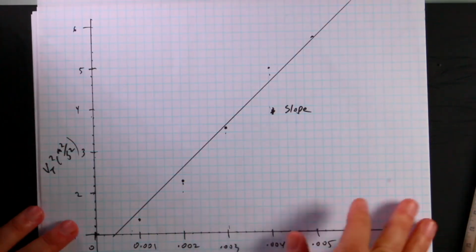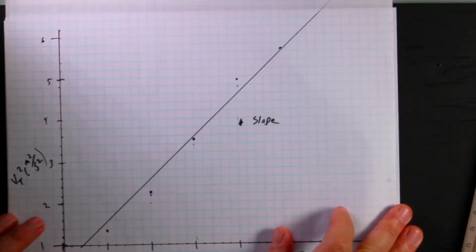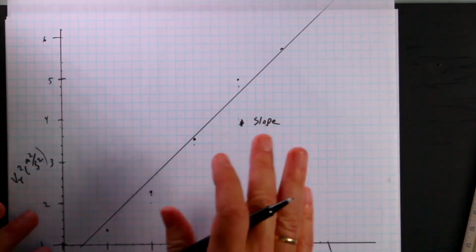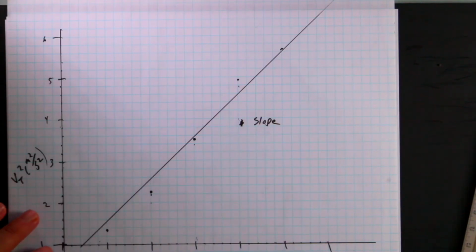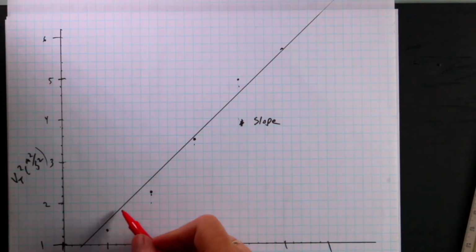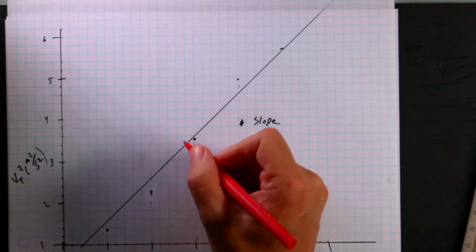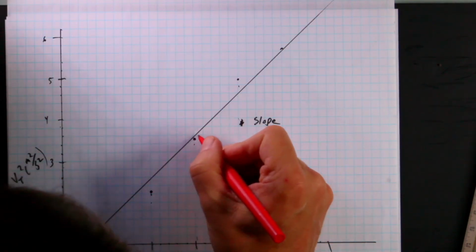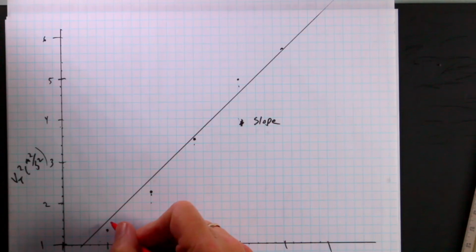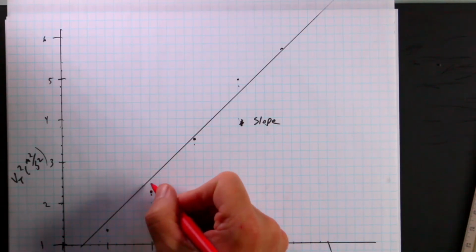The first thing I want to do is pick two data points on the line that I drew, not actual data points. If I do, again, I'm just using those two data points and ignoring everything else. I'm going to look for places where this crosses exactly or close to. That one's pretty close. I come down here. I want them far apart, and I want to pick ones that are easy to get.